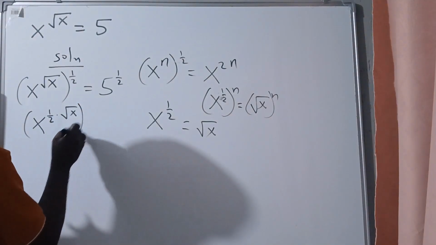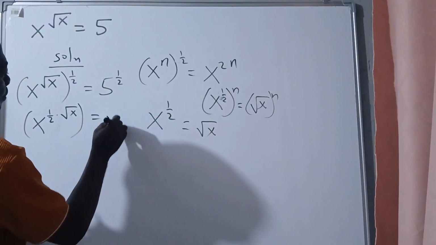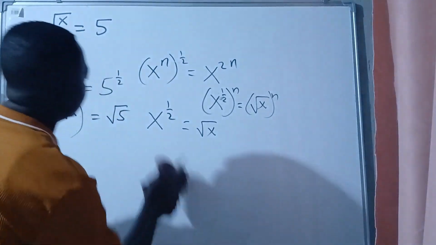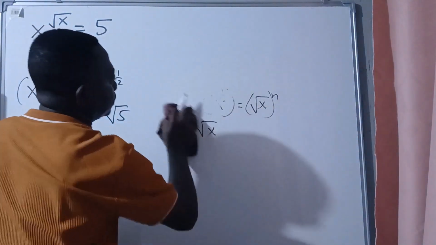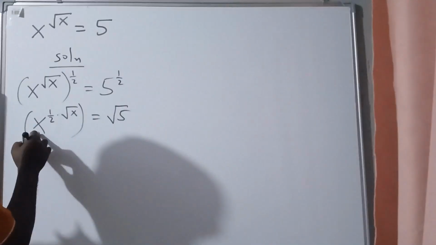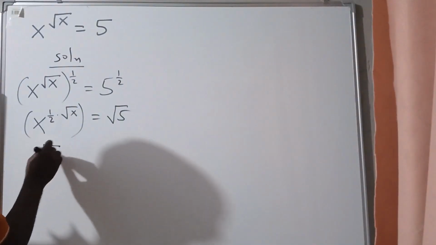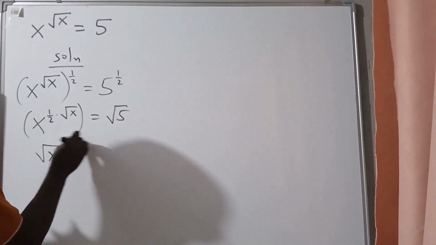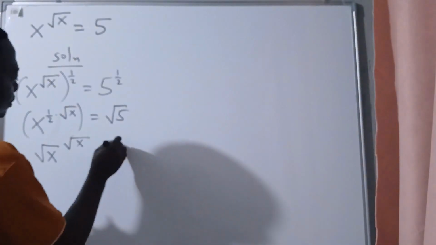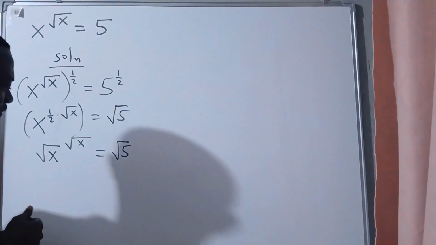We have this information, and this one is the same as square root of 5. So this one is square root of x raised to x, raised to square root of x, equals square root of 5. As simple as that.